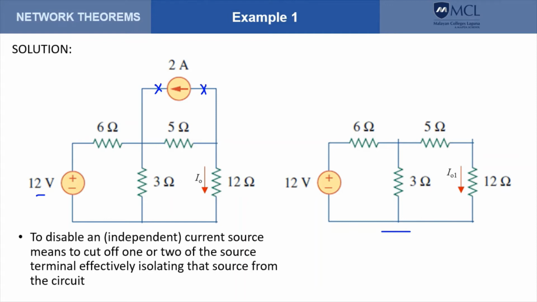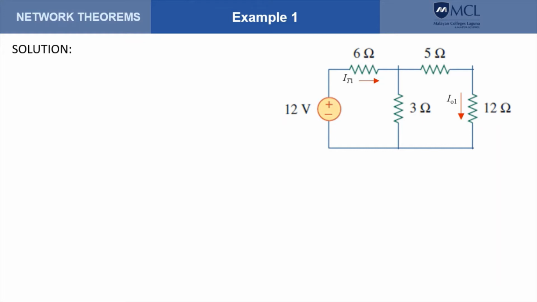Now, the current that we will get through the 12 ohms will now be only due or caused by the 12 volt source. Now, how are we going to compute for the current through the 12 ohms due to the 12 volts?